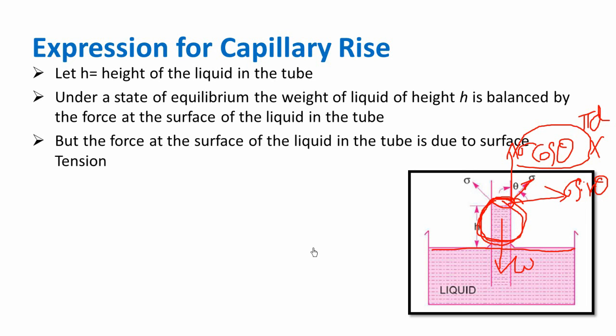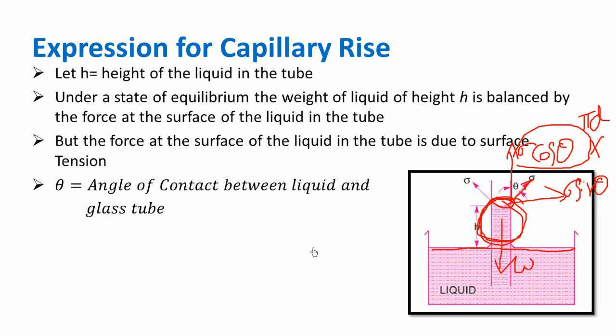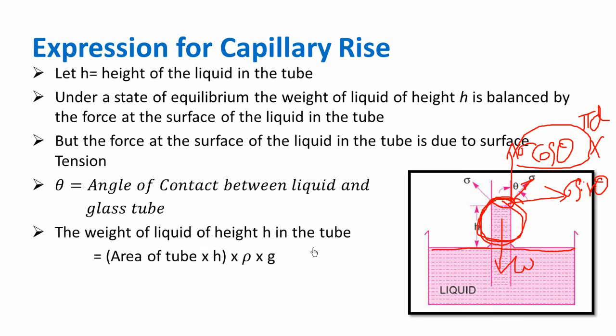The force at the surface of the liquid in the tube is due to surface tension, as we have seen. The angle theta is the contact angle between the liquid and the glass tube. The weight of the liquid of height h in the glass tube can be written as W equal to mg. Mass is density into volume, and volume is area into height.